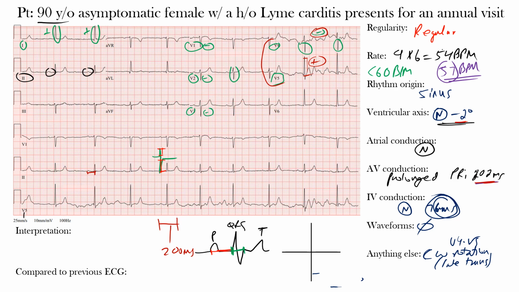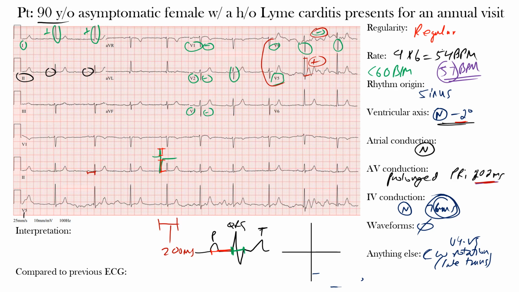So there's one last point to mention here, and you probably noticed in leads V4 and V5, and we hinted to it earlier, that there are some irregular waveforms that are not present in other leads. You can also see this throughout the rhythm strip at the bottom of lead V5. If you look at that lead, you will notice that this is not found in any other leads above it.